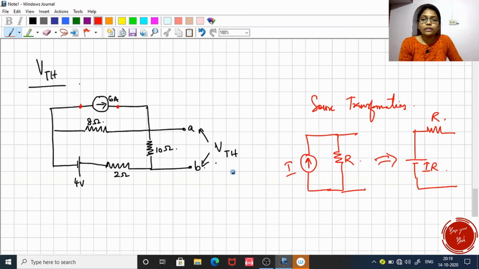Here we have one parallel combination: the current source and an 8 ohm resistor.